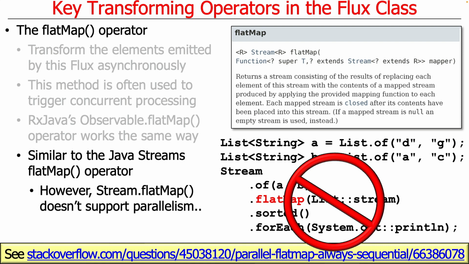The most important thing to remember, however, is that flatMap in streams doesn't support parallelism, unlike flatMap in Project Reactor and RxJava. So you have to do other kinds of things, like use the mapMulti operator as a convention, an idiom of being able to work around the limitations of flatMap with parallel streams.